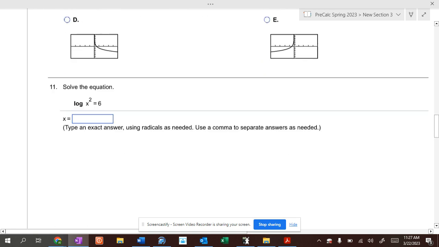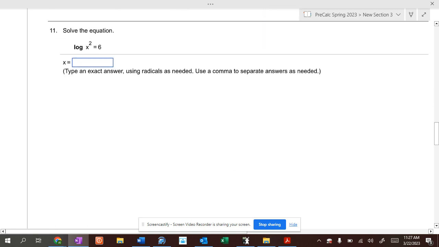You can graph 4 ln of x and figure out what it is. And the last one, solving this equation. The log of x squared equals 6. Okay? What do you think we do first? Write it as an exponential equation.